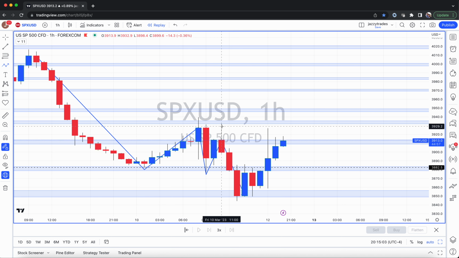So we don't really go for wicks. We go for body close. So this is debatable. I would say better to wait for it to become bullish because of the kind of selling pressure we have. Better to wait for 39.27 to call it a bullish move like this one here. You never know, it might get rejected here and it might get rejected here right now, right? That's how I think about it.